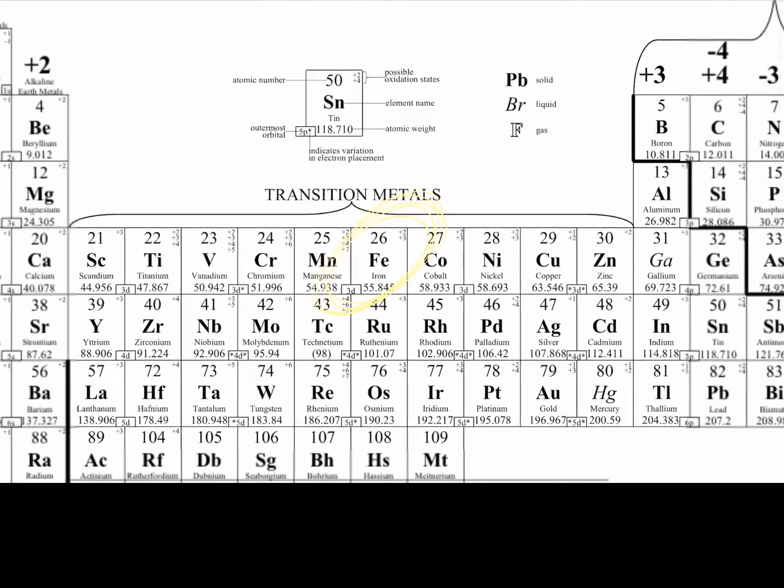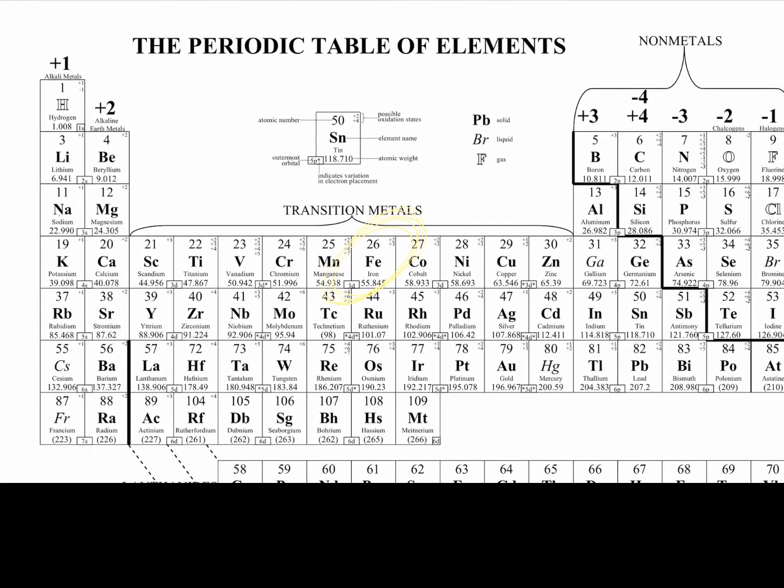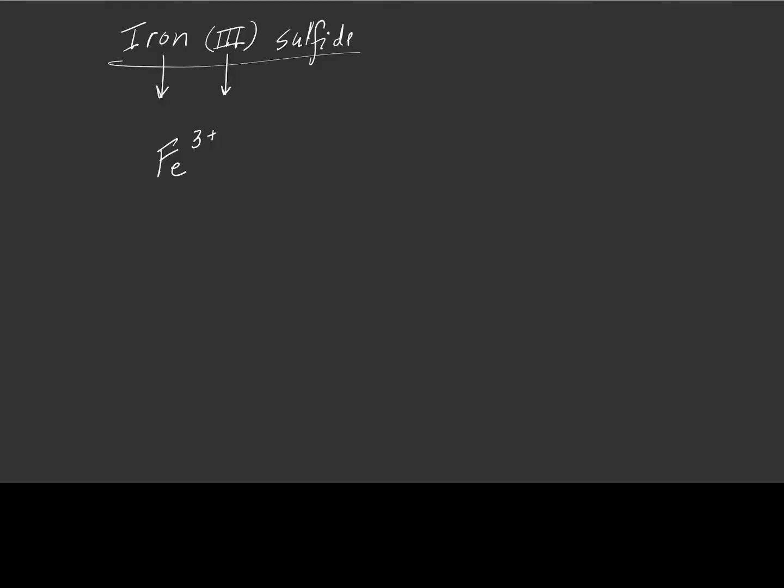In this example, we're just looking at the positive 3. Now we're combining that. It says sulfide, so that must have been sulfur, and we know from the periodic table and past experiences that that's a negative 2.